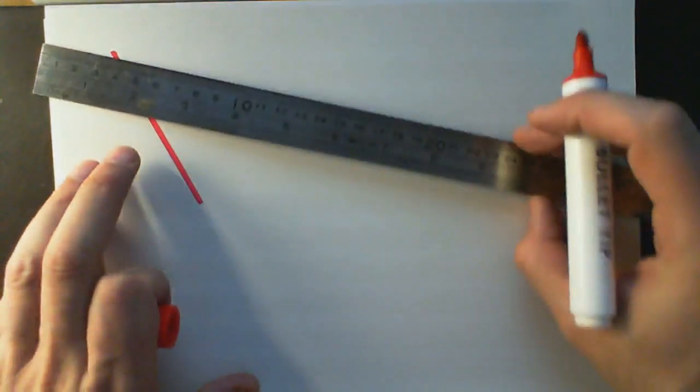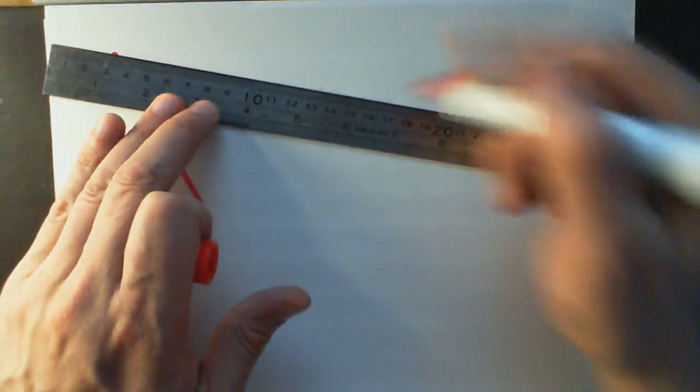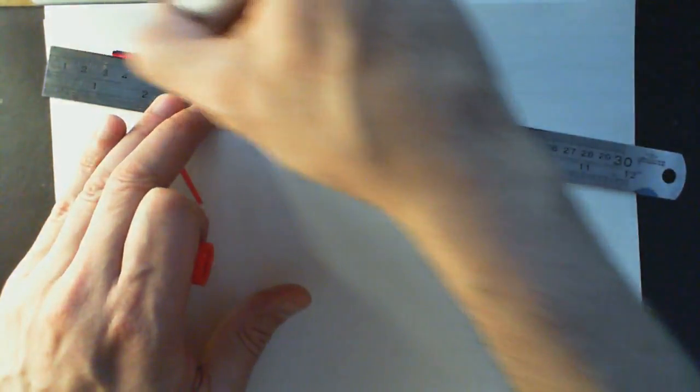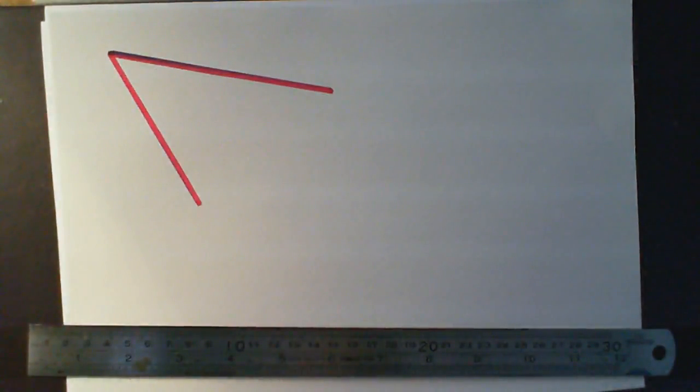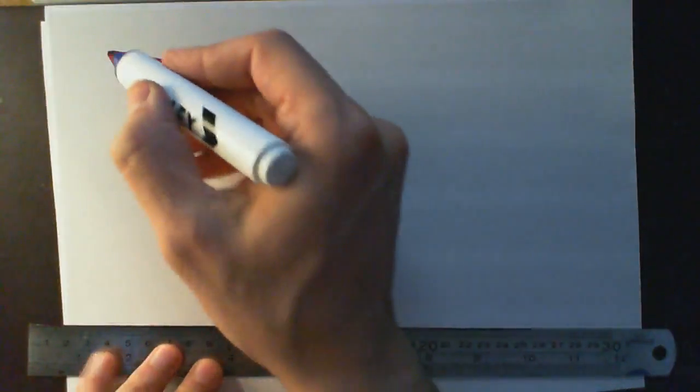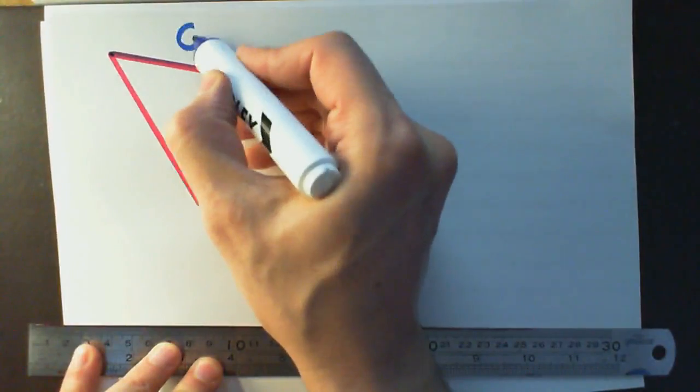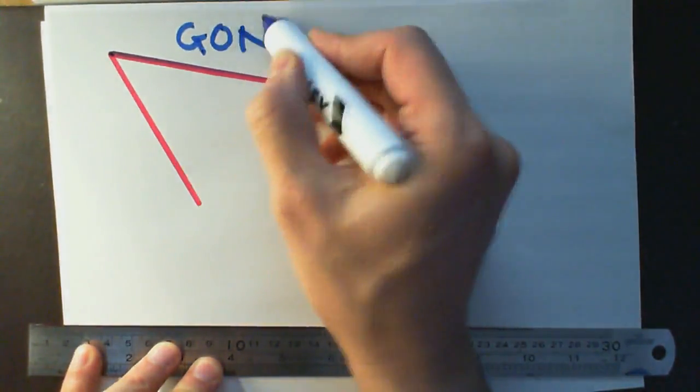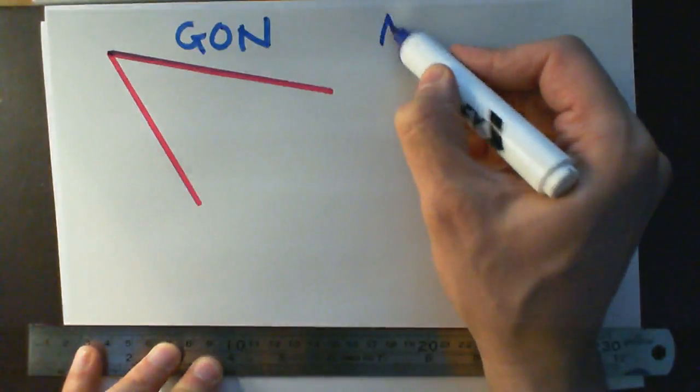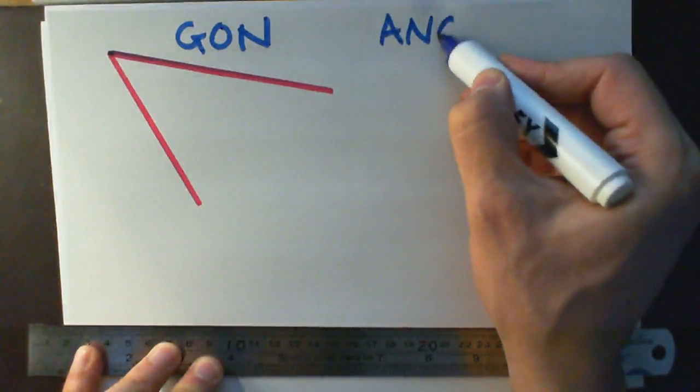When I get another straight line and it touches another line, there they are, they're touching, then it forms an angle or a gon, right? So this thing here where the two lines touch is a gon, also known as an angle.